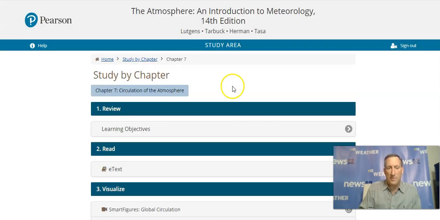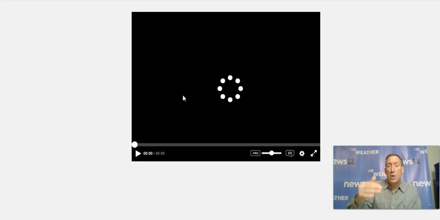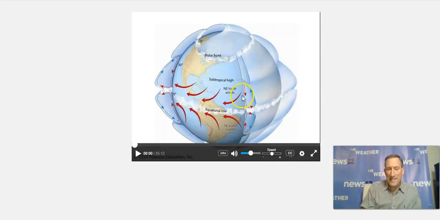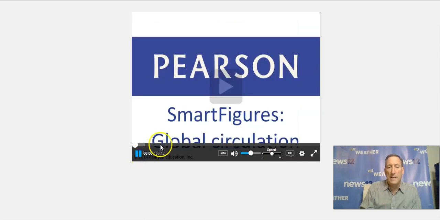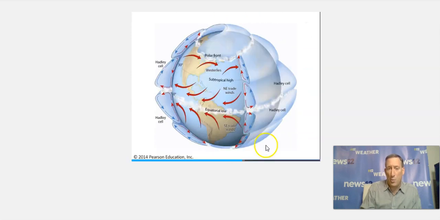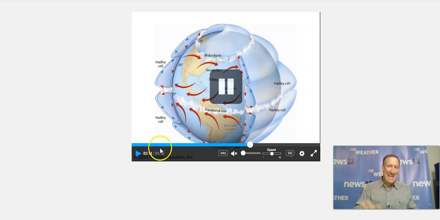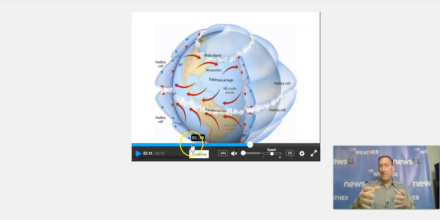If you go into chapter 7, you can look into the smart figures of global circulation. You can look at the e-text, and this is that same diagram. You can play this diagram and see where the air is moving and how the air is moving as well. You can see right here on this diagram that there are different names around the globe, and that's one of the things we're going to be looking at. Each wind flow has a different name.